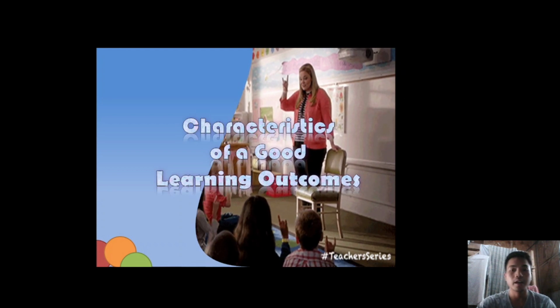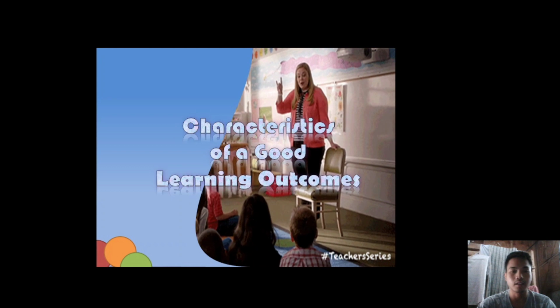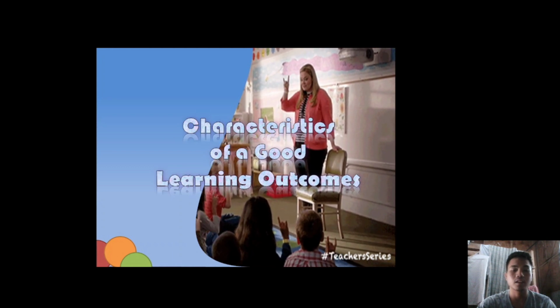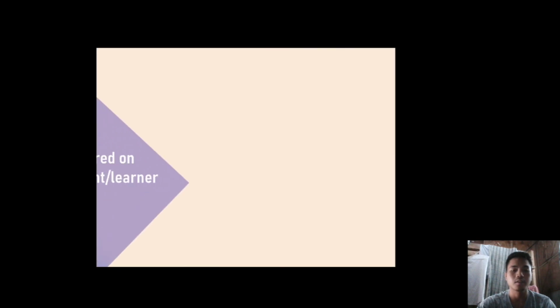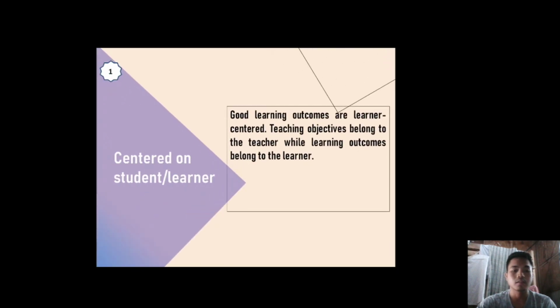Here are the 7 characteristics of good learning outcomes according to Corpus et al., 2021. First, a good learning outcome is centered on the student or learner. Good learning outcomes are learner-centered.